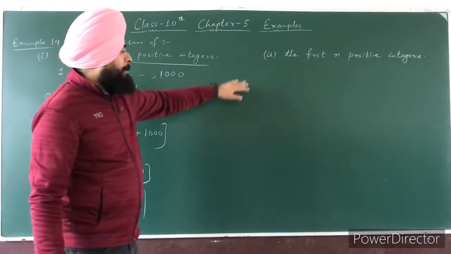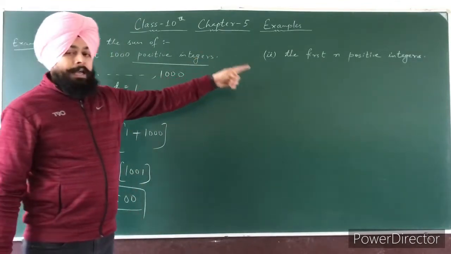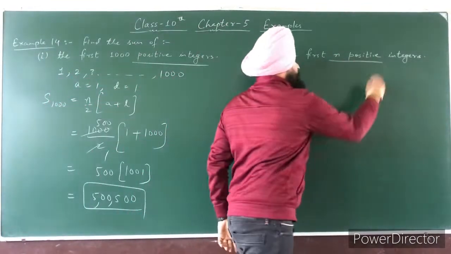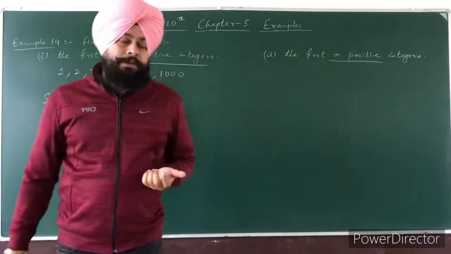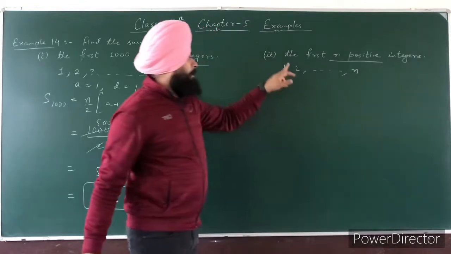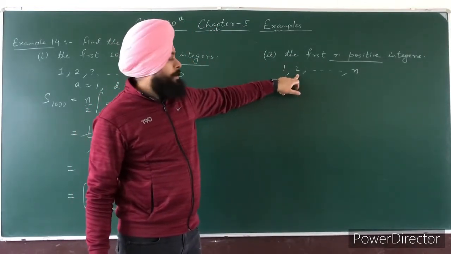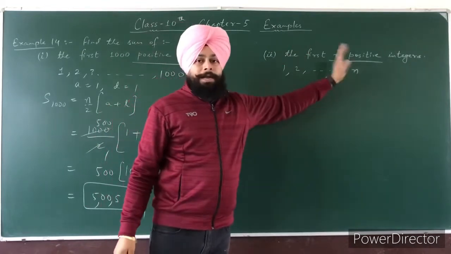Now see the second part of this question. Find the sum of the first n positive integers. n positive integers means the first integer is 1, the second is 2, the third is 3, up to the nth term.